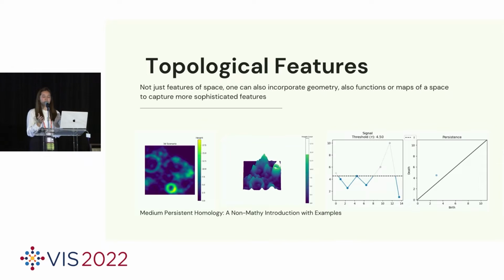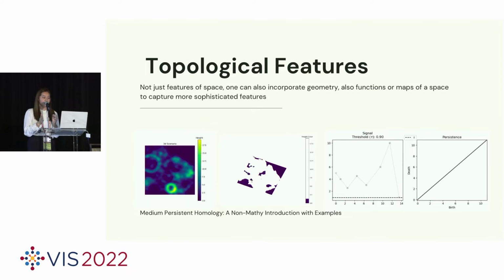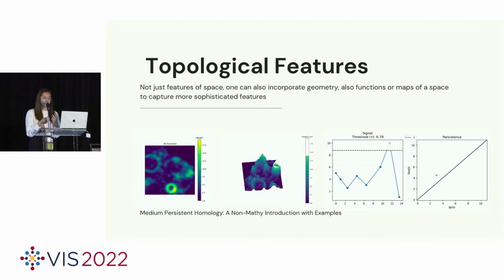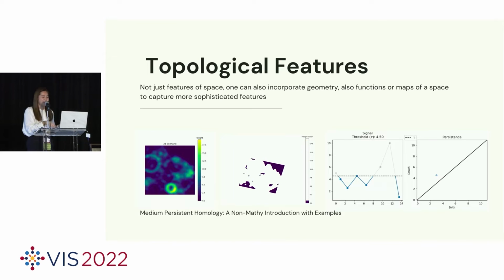The main idea, at a high level, is that we want not just a feature of space, but we hope those topological features can also incorporate geometry, also functions or maps of a space, to capture more sophisticated features. That's why we use these increasing topological features to capture the change activity, I would say.